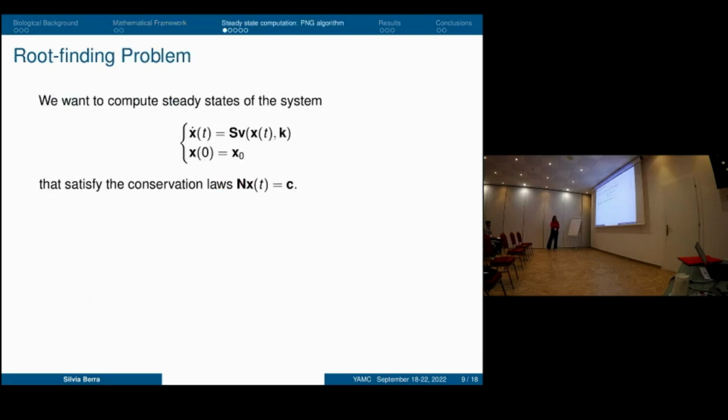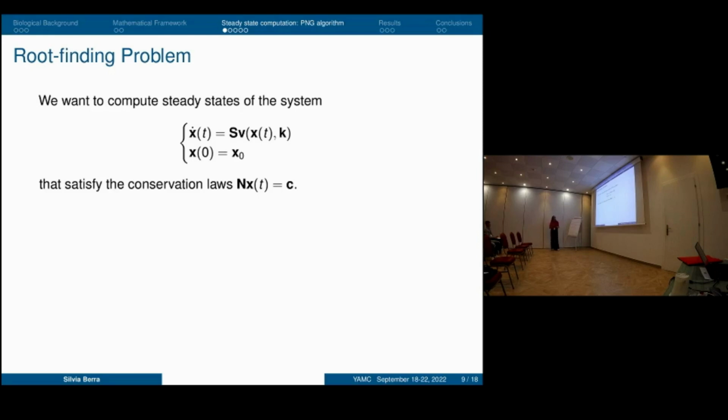Okay. So the problem we have found is the following. We want to find the value of the function x of t at equilibrium, and we want this value also to satisfy these conservation laws.